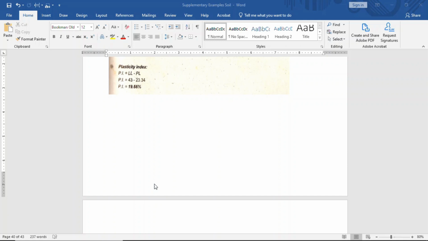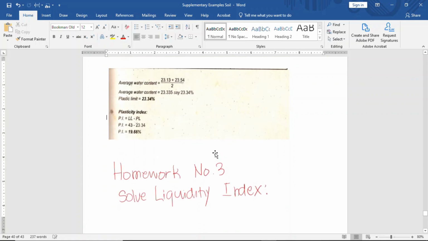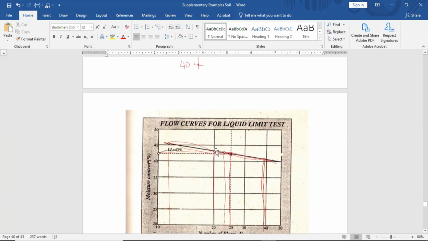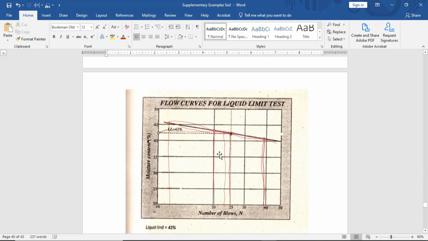Para naman sa homework natin. Homework number 1, plasticity index. So, solve naman natin yung liquidity index. Dito tayo mag-base sa example number 17. So, solve for the liquidity index for example number 17.